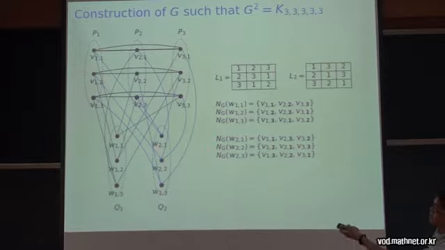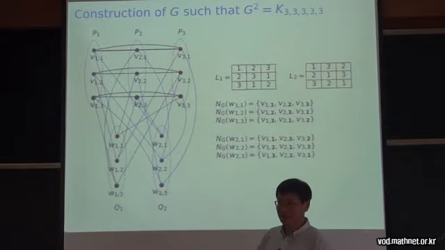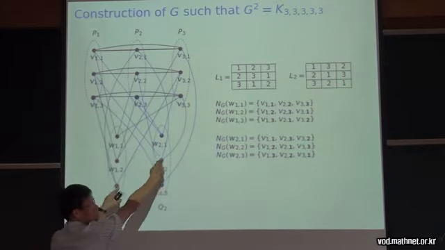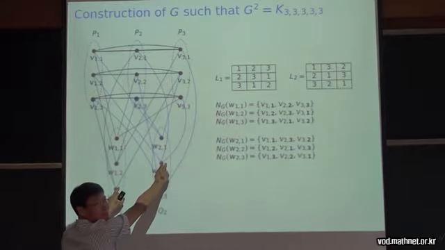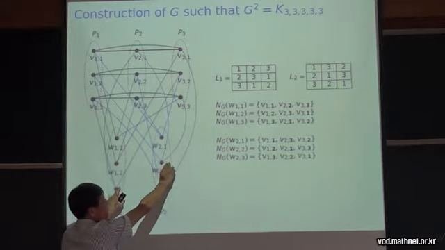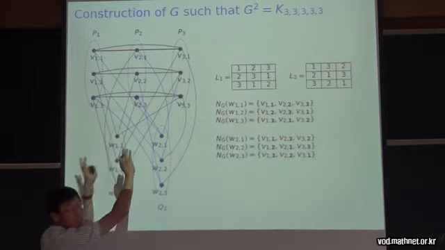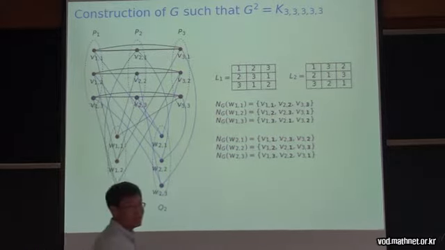And the second set: 1, 3, 2 is the same as 1, 3, 2. 2, 1, 3 is 2, 1, 3. 3, 2, 1 is 3, 2, 1. If you do this, then because of the orthogonal Latin square structure, every two sets have a common neighbor.